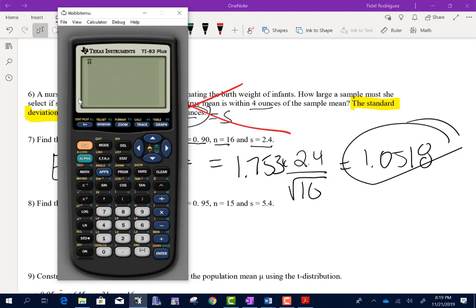Inverse t. You said the area to the left was 0.05, right? 0.05 because it's a 90%. And then we do our degrees of freedom, which would have been 15, and we're taking the positive one, right? So 1.75, and so on and so forth.